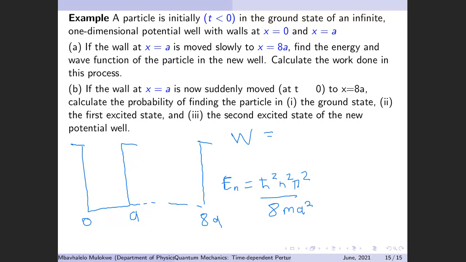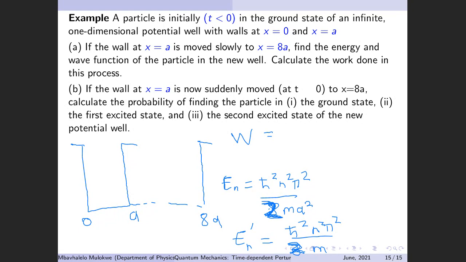Once you move this very slowly to the new wall, then your energy E_n prime will be given by h bar squared pi squared n squared over, no, this is 2, right? Initially it was 2ma squared, so 2m.